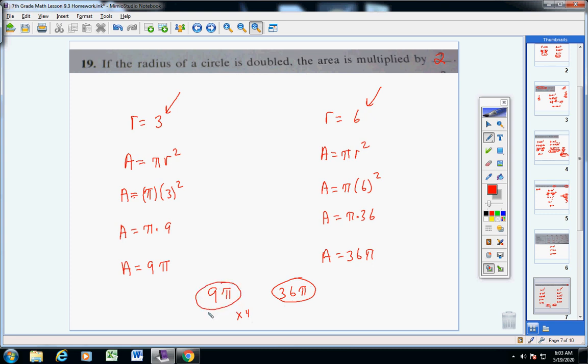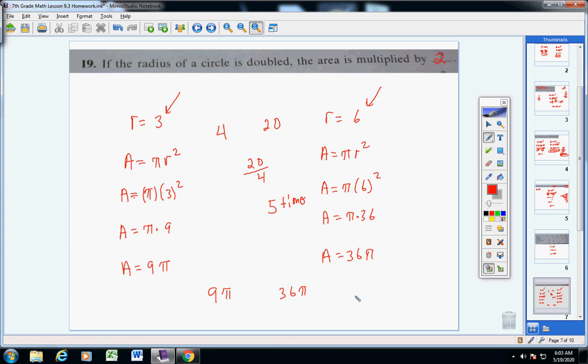Mr. Earhart, how do you know that? Okay, let me show you. If I said to you, how much bigger is 20 compared to 4? You would take 20, you would divide it by 4, and you would say, oh, 20 is 5 times bigger than 4, right?